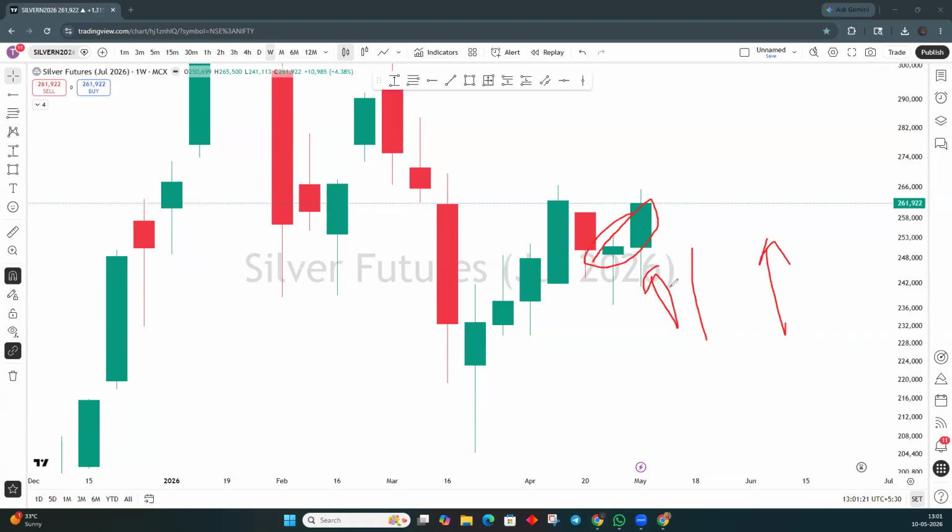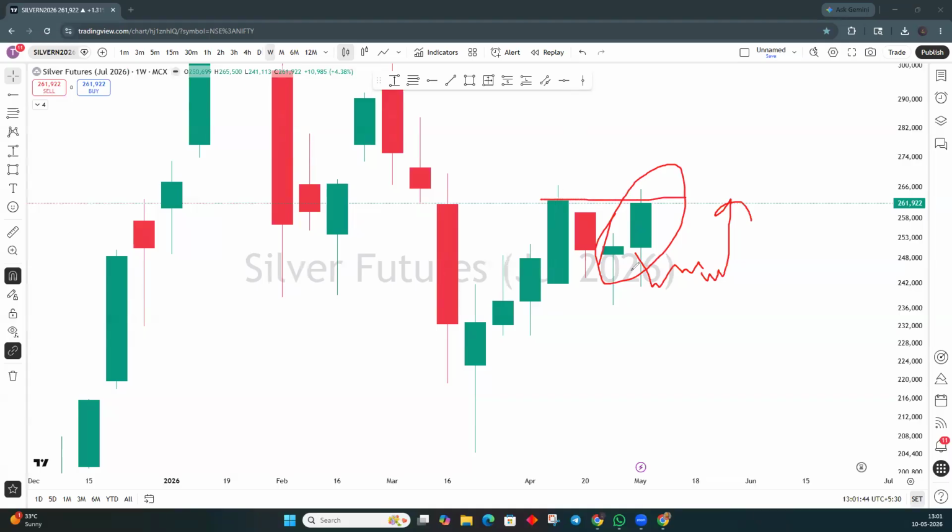These wicks are longer on the downside. This shows that the sellers are taking the price downside, but the buyers are closing stronger, like the price is again closing at a higher high, and similarly if you compare with Nifty, the price has gone up.